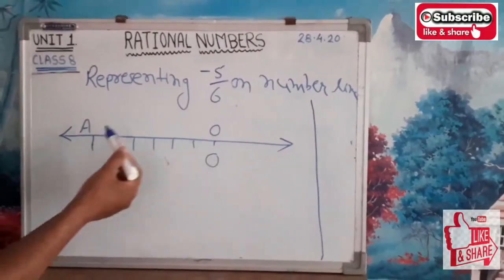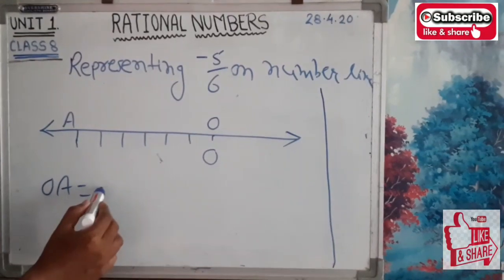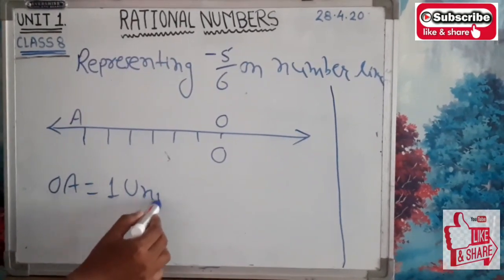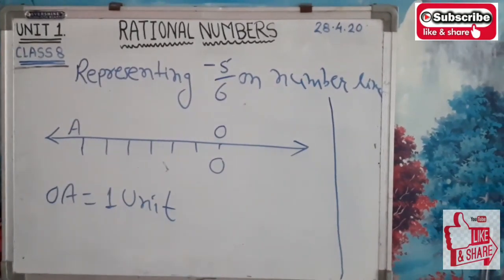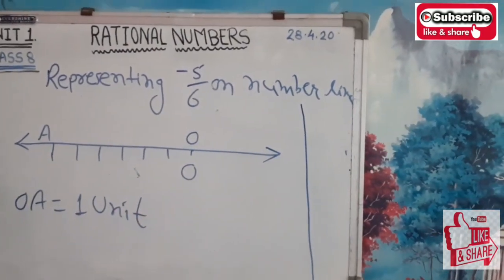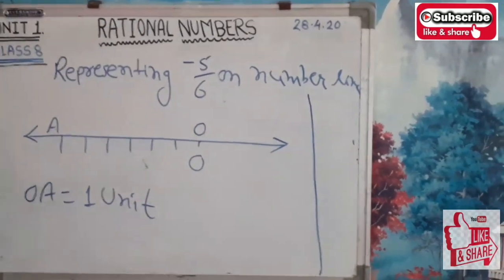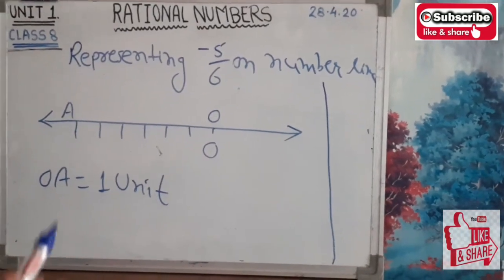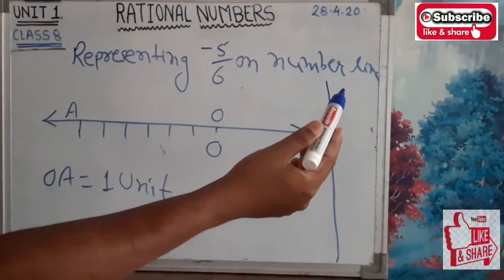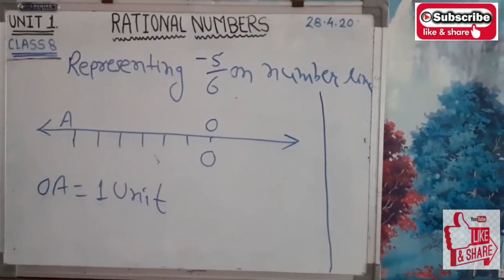Consider OA equal to 1 unit. Why am I taking this one on the left? Because it's negative. You know very well, all the positive numbers are situated on the right of the 0 and negative numbers are situated on the left of the 0.